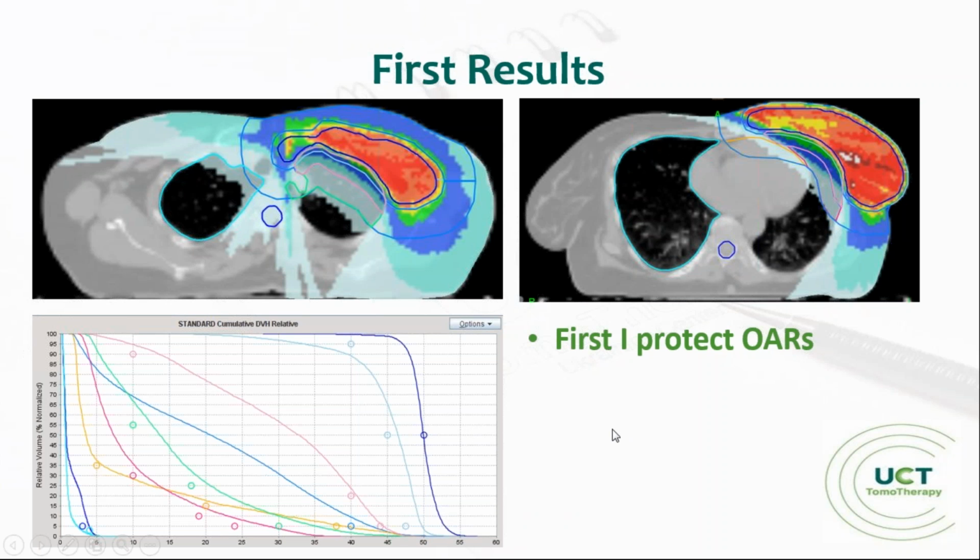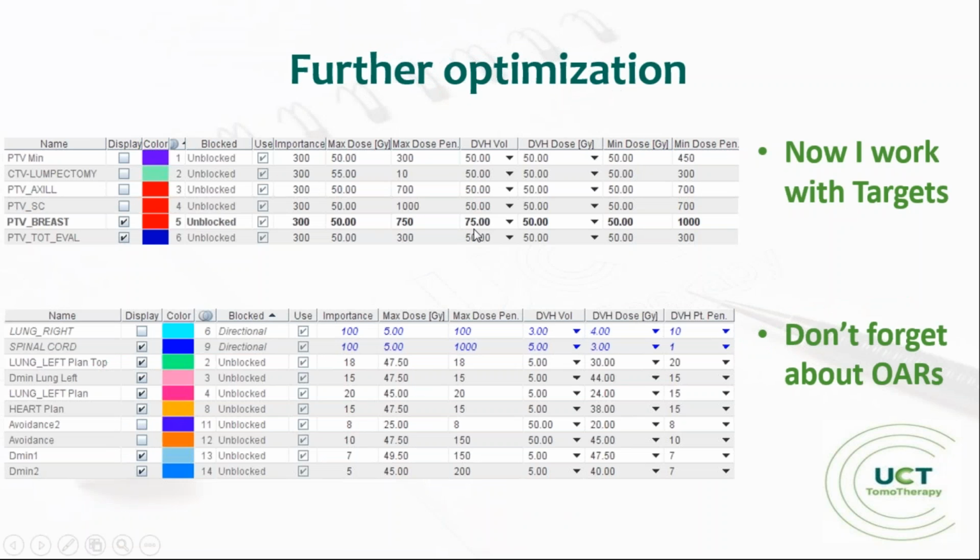So next, on another step of my optimization, I put every importance, max dose penalty and min dose penalty at 300s.